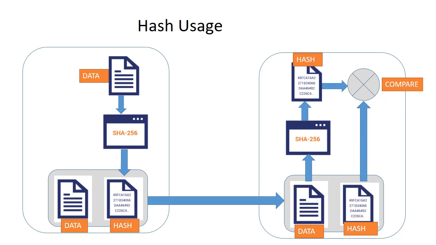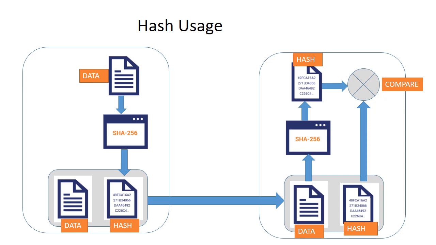The hash function is applied to the original data and it creates the hash, and after that the data along with the hash is sent over the network. The receiver receives the data and the hash, and they are separated.